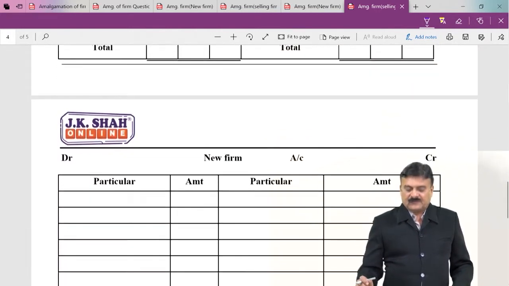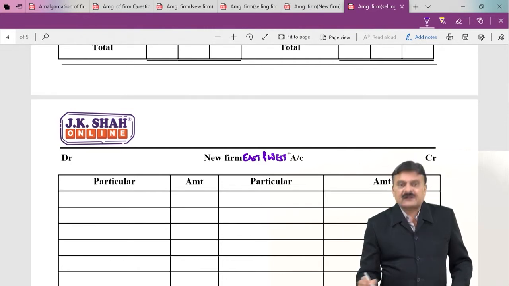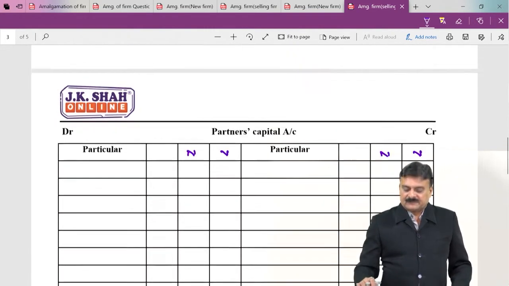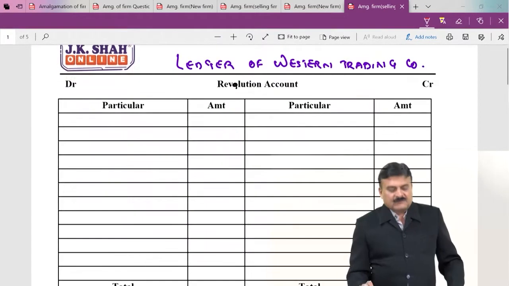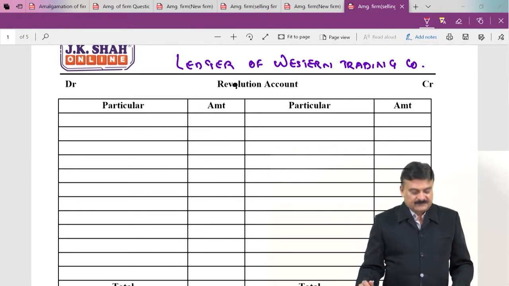And the new firm. What is the name of the new firm? New firm is East and West Company. So, new firm East and West Company account. Let us start with the posting aspects. We start with the balance sheet given in the question of the Western Trading Company.